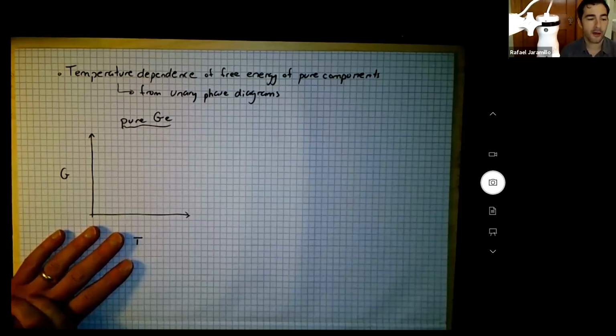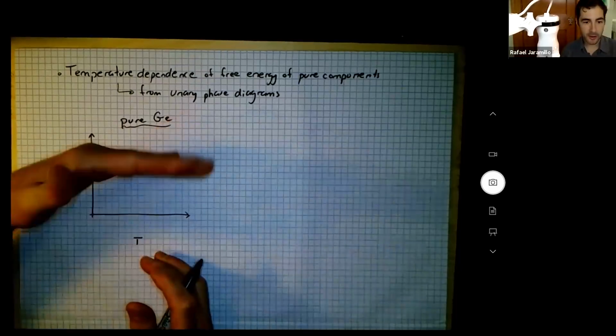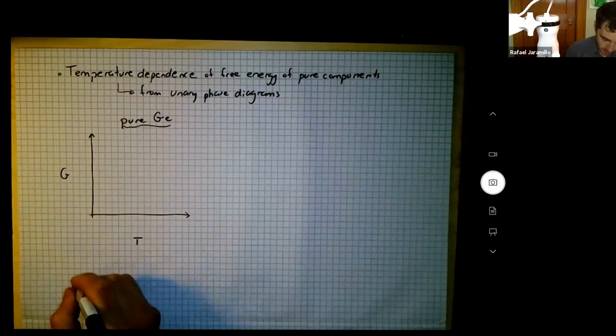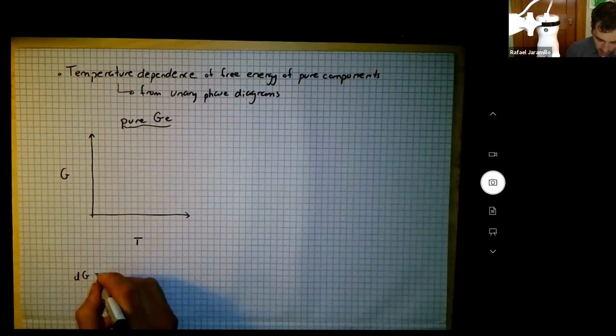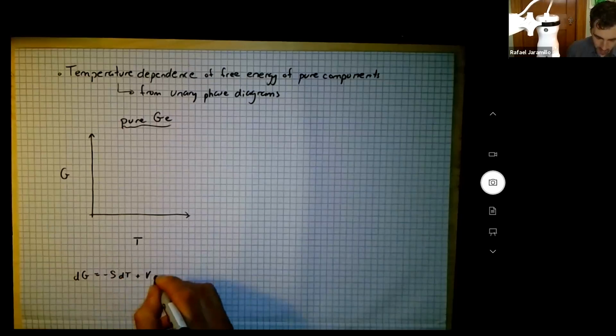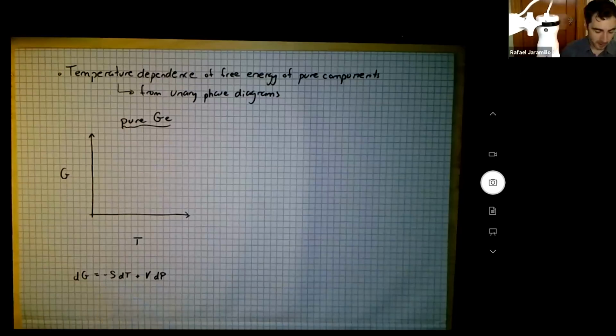First off, let's recall Gibbs free energy versus temperature. Does this have a positive slope or does it have a negative slope? A negative slope, and the curvature is negative as well.